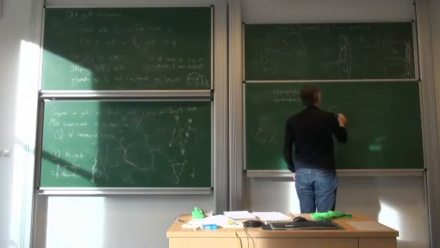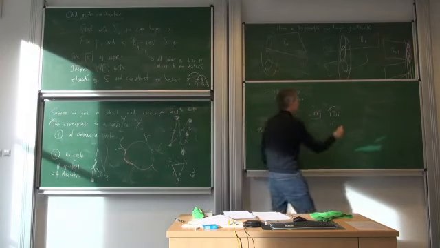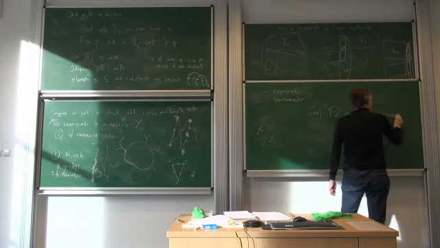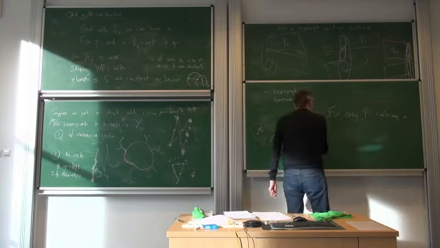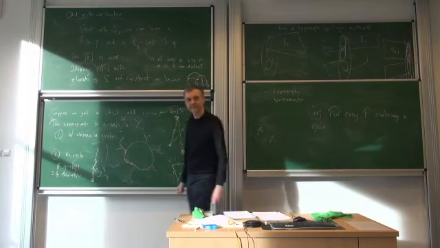Here's one thing that would be very nice to do, and we have no idea how to do. For every F containing a cycle, take the odd girth result and try to cross out the word odd.